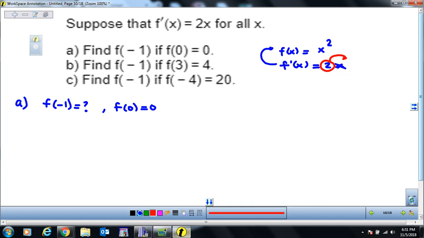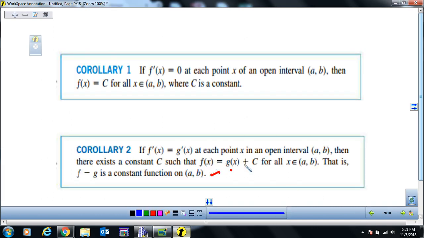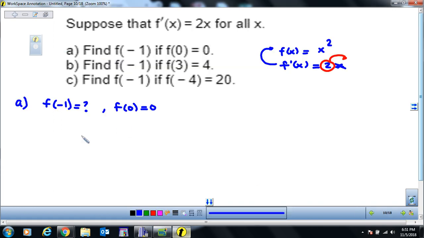So that makes sense. Now based on corollary number 2, I'm going to say f of x is equal to g of x plus c for some constant c.